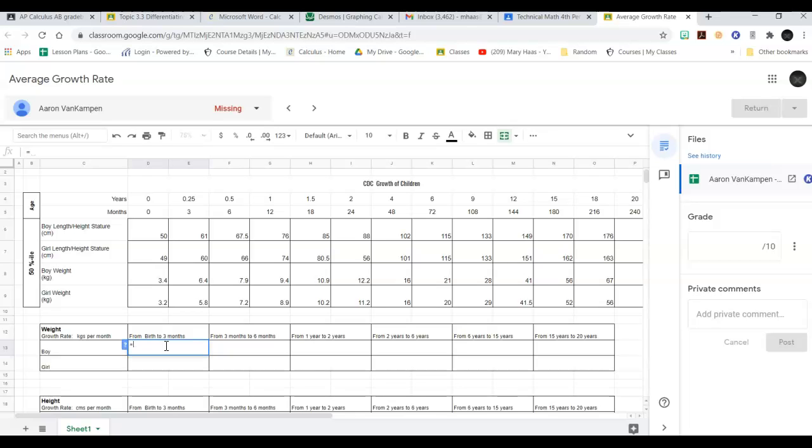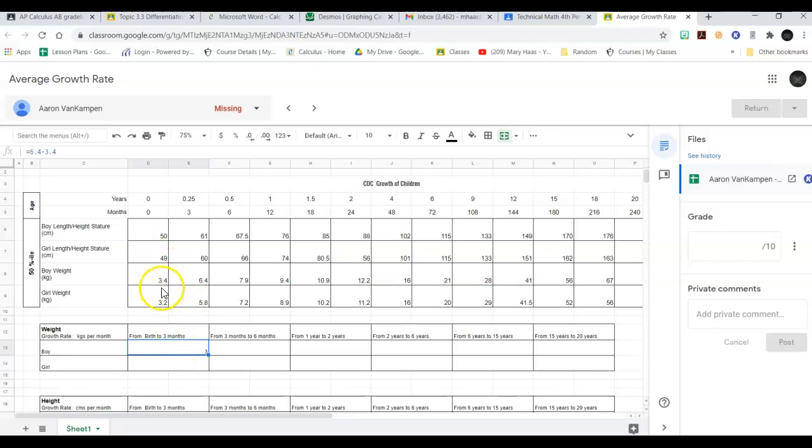So what you're going to basically do is take 6.4, because that's the later one, minus 3.4. All right. Now, when I figure out what that answer is, I can hit enter. All right, the answer is 3 kilograms.